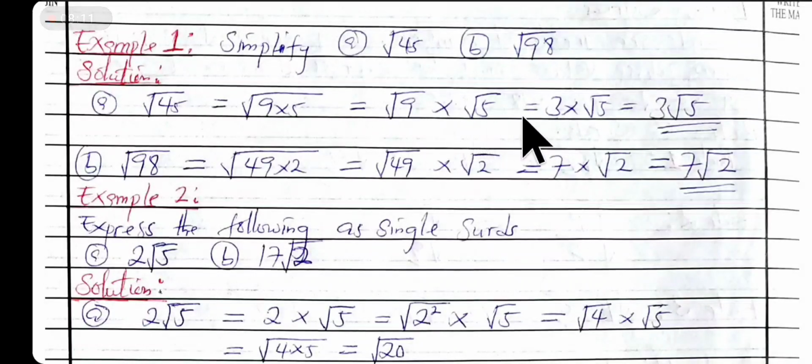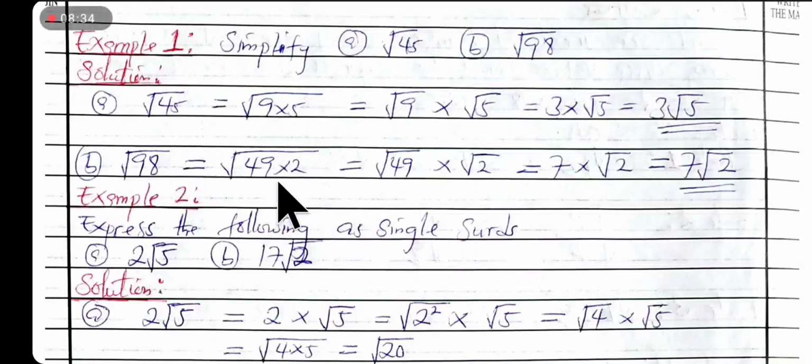Square root of 9 is 3, then square root of 5 is an irrational number. So therefore, this answer is going to be 3 times square root of 5. So we leave it like that. It's already in its basic form. It's 3 root 5. Alright, the B part, root 98.